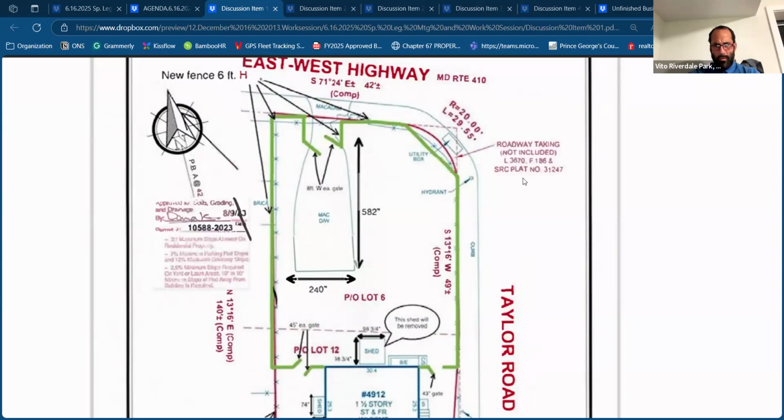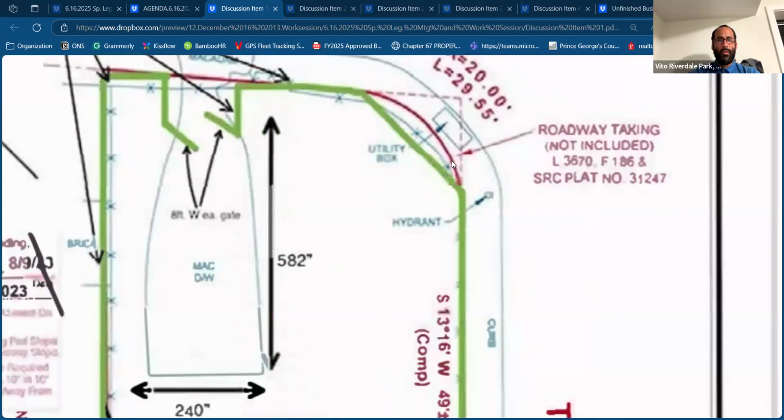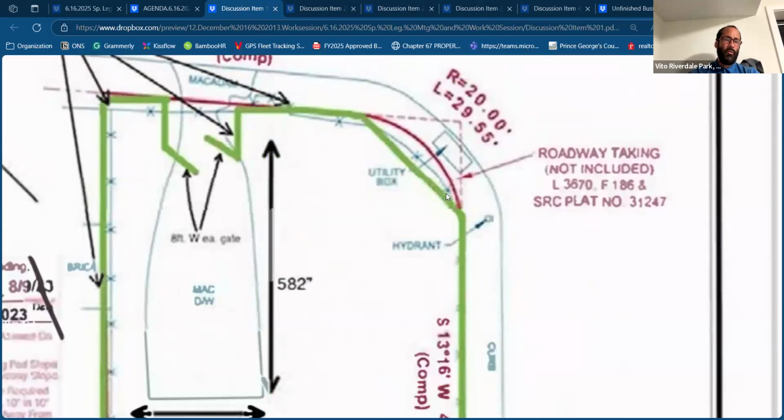So if you can see the red line, like a curve, that's my actual fence, and the red one is like 25, but I'm going a little bit inside my property. The green one is the new one. So I'm leaving even more space, well, that's just grass.